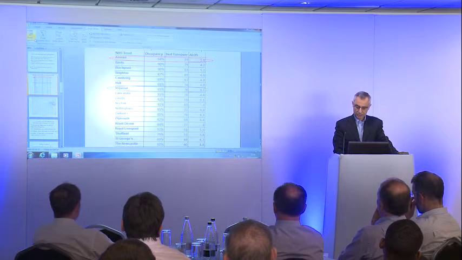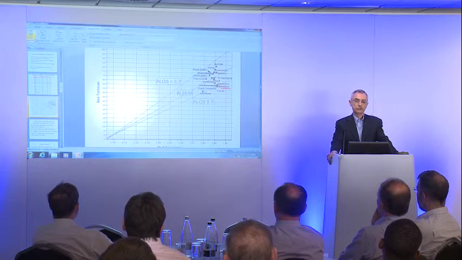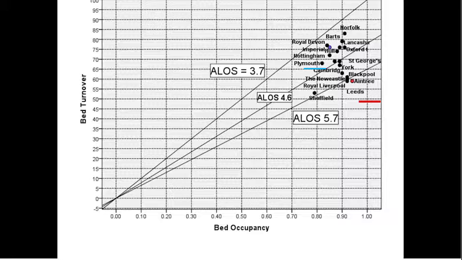There is another way to look at this in terms of a Pablo-Lasso graph. The Pablo-Lasso graph relates two indicators, the bed occupancy here on the x-axis and the bed turnover on the y-axis. Basically, this is the number of patients per bed per year, and this is the average bed occupancy.